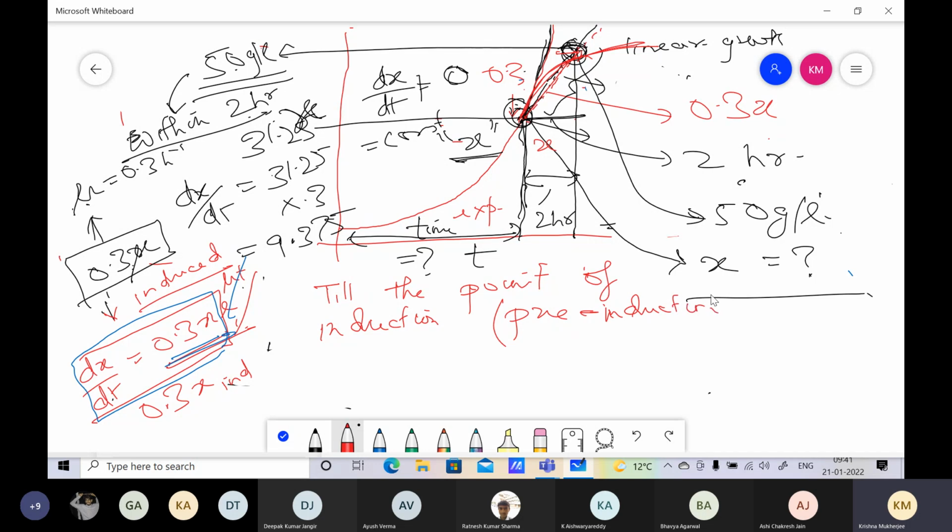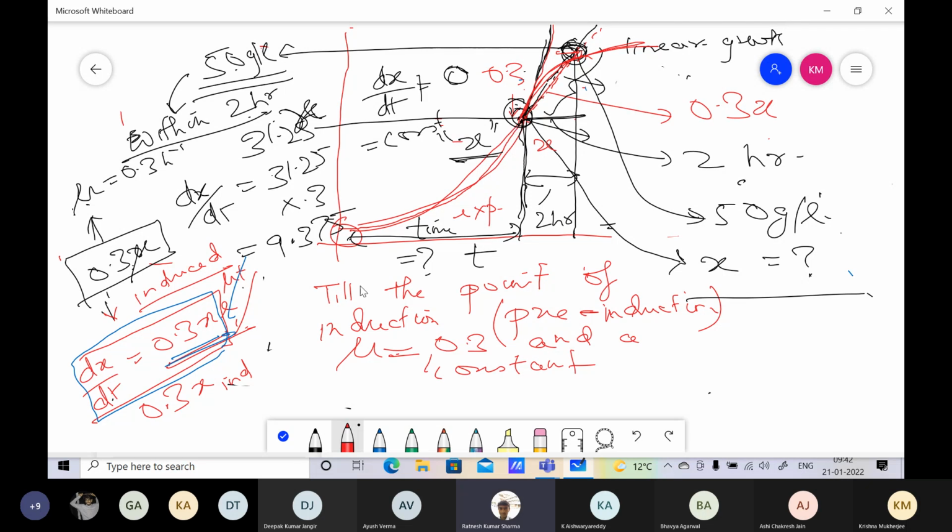Pre-induction, mu is equal to 0.3 and a constant, which means all the way from here to here, it is exponential growth. What is wrong with this statement? At the point of induction, exponential growth ceases and becomes linear growth. What is so difficult to understand about this?